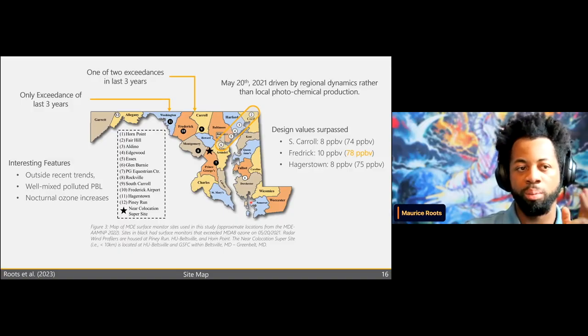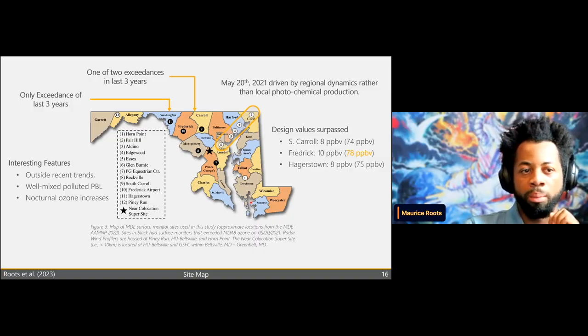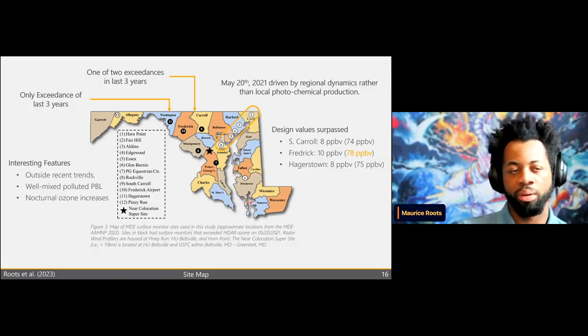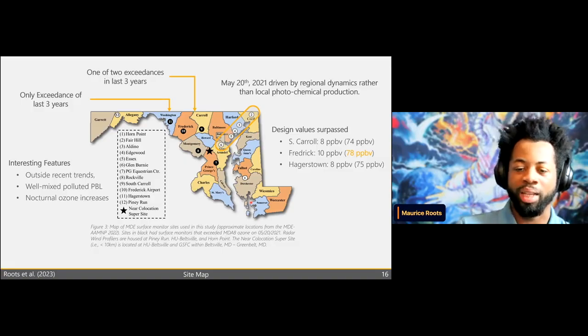That's one of the pieces of my work now as a postdoc at NASA: to figure out the optimal placement of these types of sensors, these new perspectives.